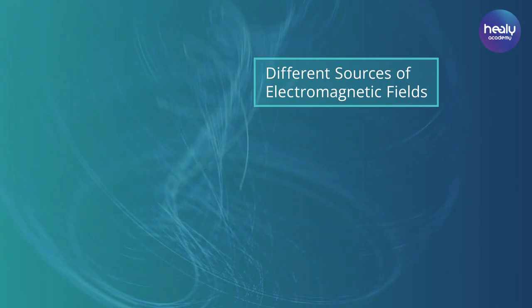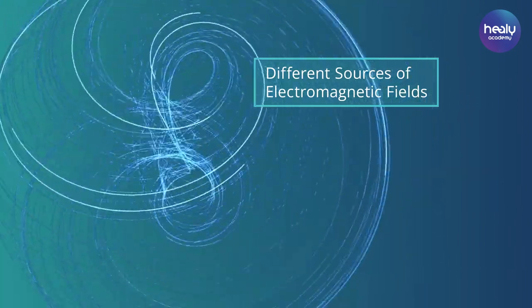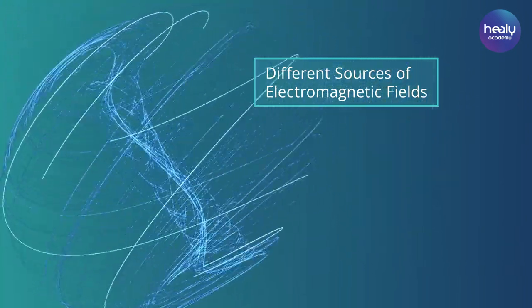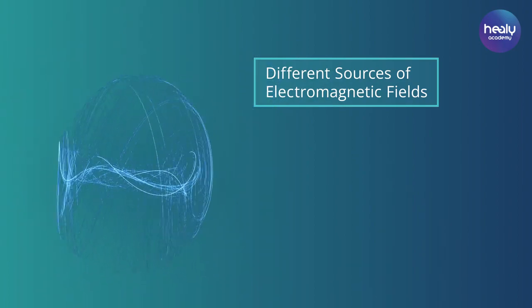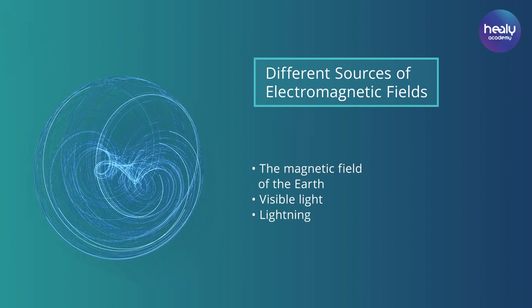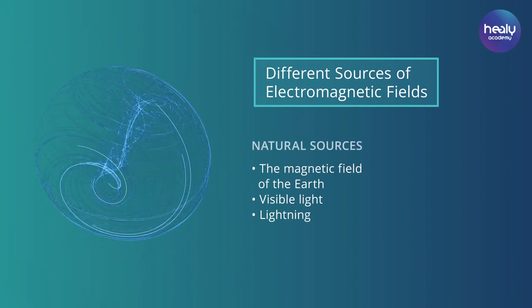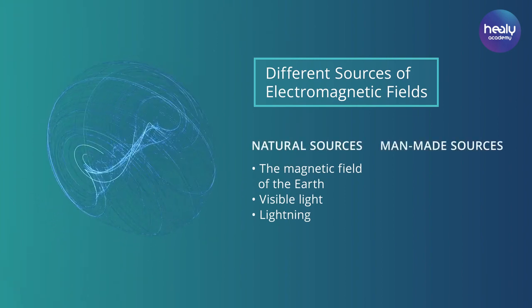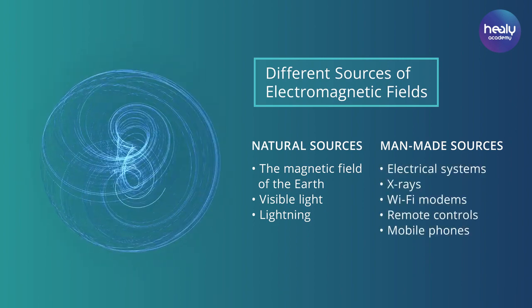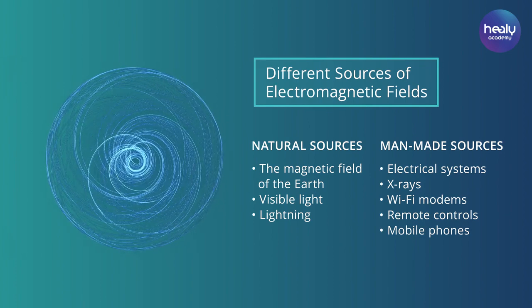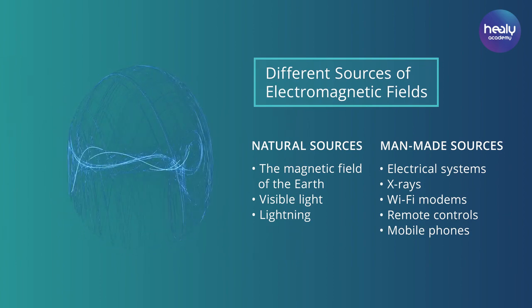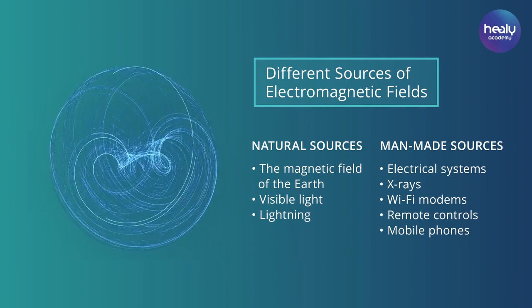Different sources of electromagnetic fields. Just as diverse as the electromagnetic fields themselves are their sources in our everyday lives. While some of them, like light and the magnetic field of the Earth, are of natural origin, others are man-made and caused by the deceleration or acceleration of charges in electronic devices such as X-rays, Wi-Fi modems, remote controls, mobile phones, radio waves.